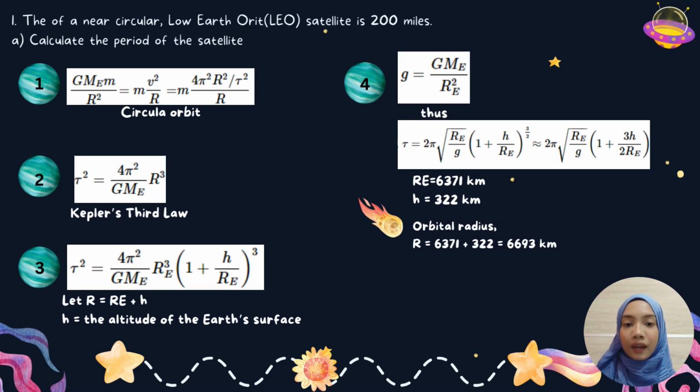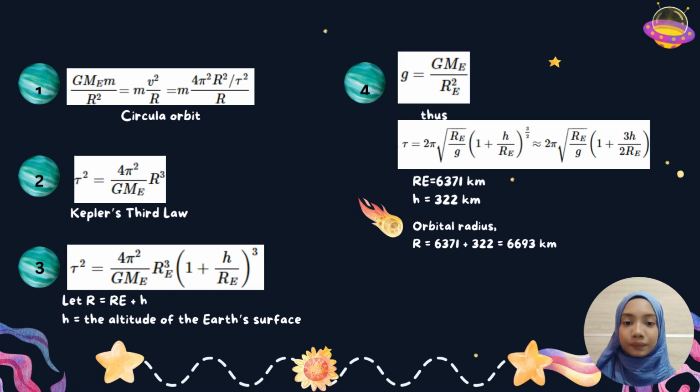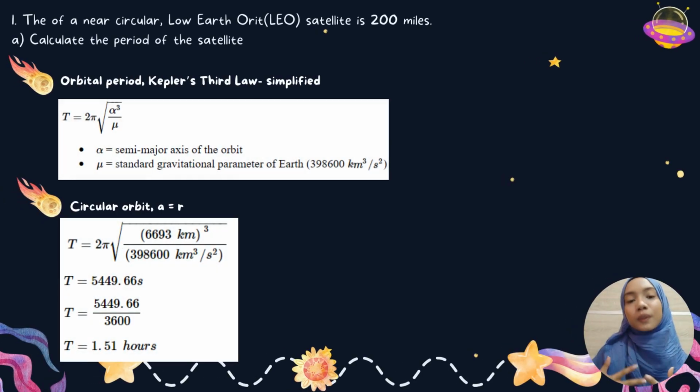When we add these two numbers, we get 6693 km, which is the orbital radius. For step number 2 in step 4, we need to find the orbital period by using Kepler's third law that has already been simplified.